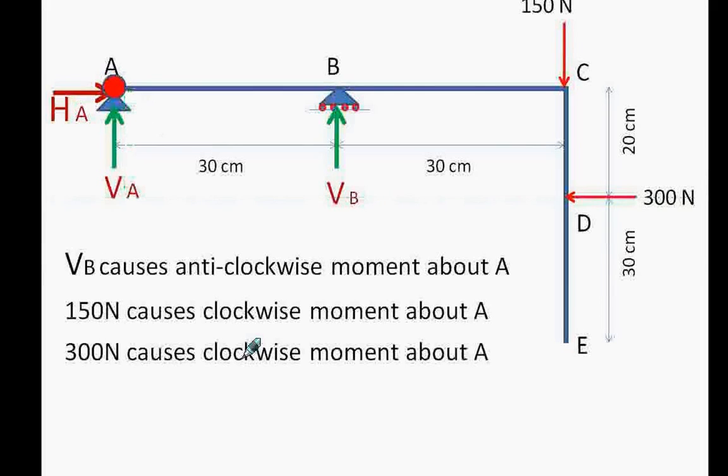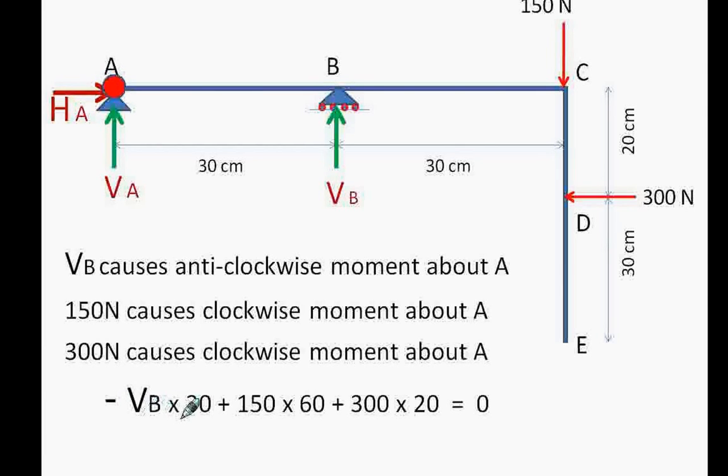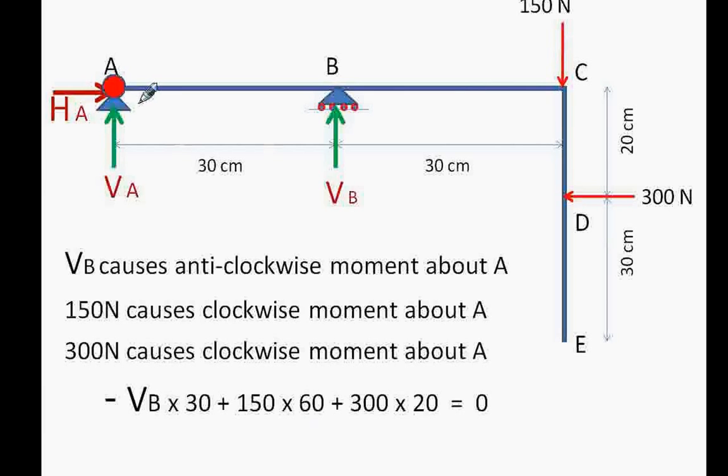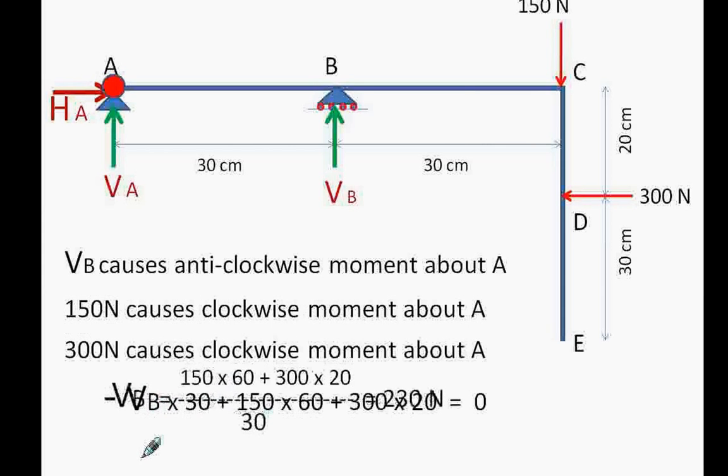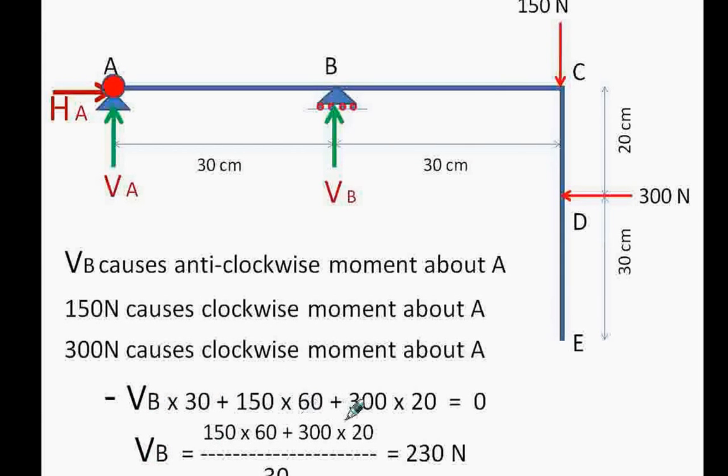Applying those moments: minus, because it is anti-clockwise, VB into distance 30 centimeters, plus 150 multiplied by its distance from A, 30 plus 30, 60, plus 300 multiplied by 20, the vertical height with respect to A. VB is the unknown in this equation, and I get VB equal to 150 into sin 60 plus 300 into 20, whole divided by 30, the coefficient of VB. I get 230 Newton.